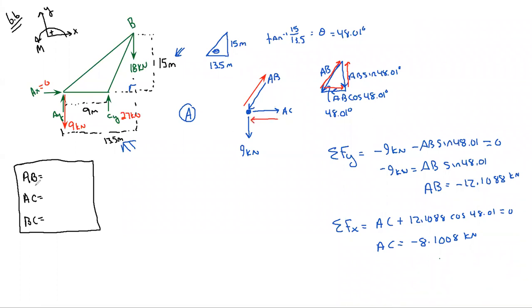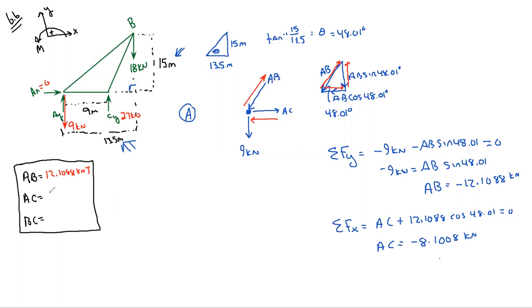All right, so that gives me AB is 12.1088 kilonewtons, and that's in tension. It's pulling away from the point, which is a reaction to the member being in tension.